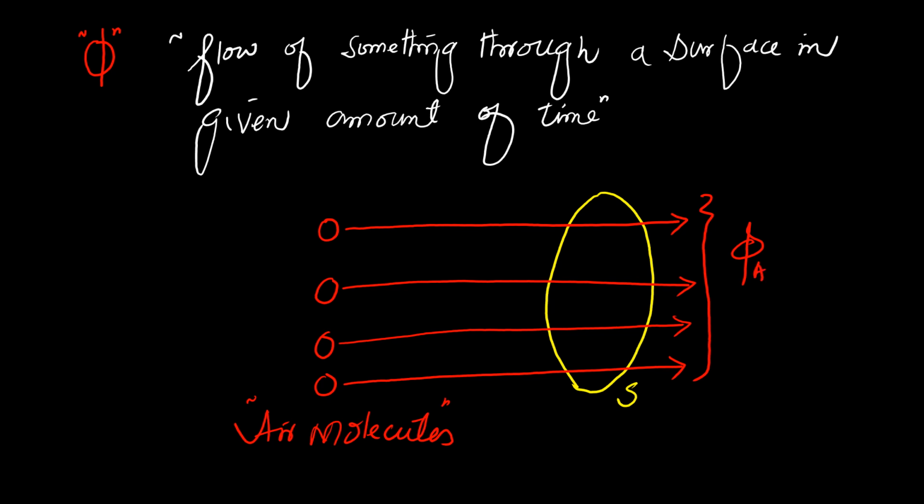The number of air molecules that pass through the surface S in a given amount of time is known as air flux. This air flux will depend on the velocity vector of the air molecules, the area of the surface, as well as the number of air molecules.